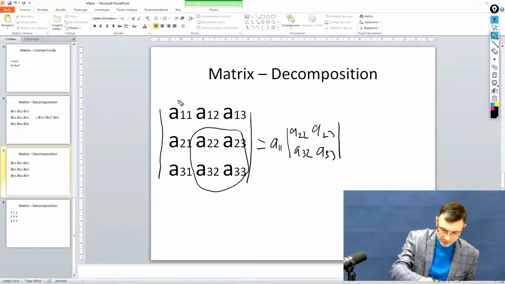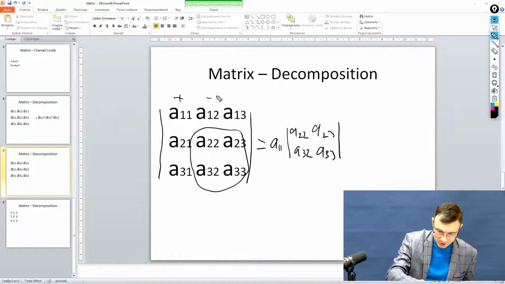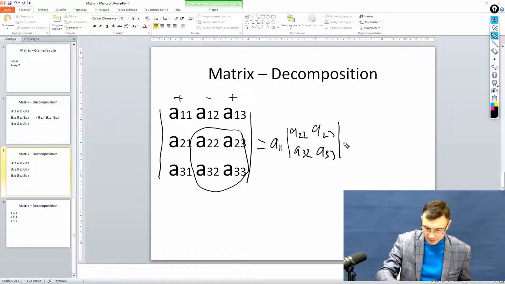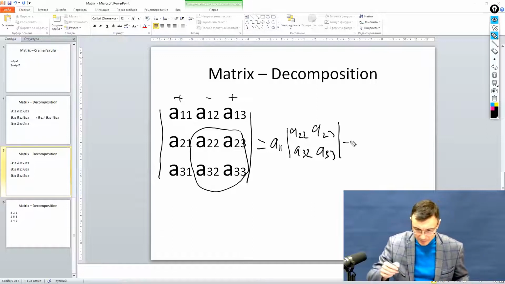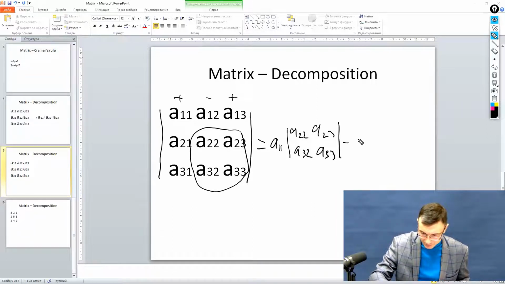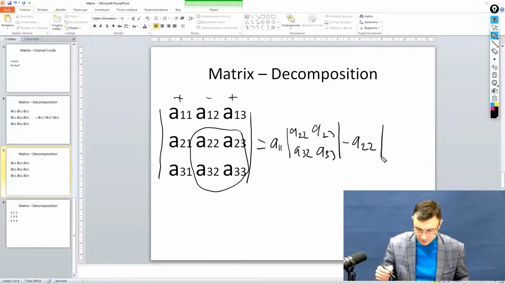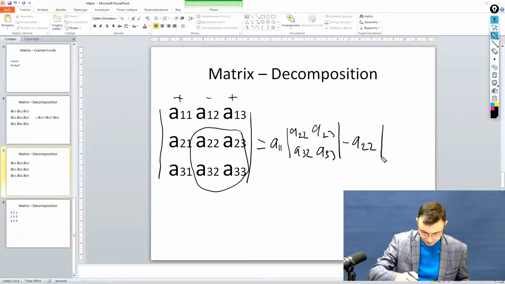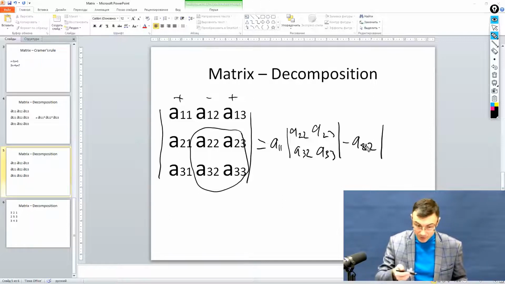Then we have such weights for it: plus, minus, plus. Then we have minus, and then we have one to the first row, sorry.